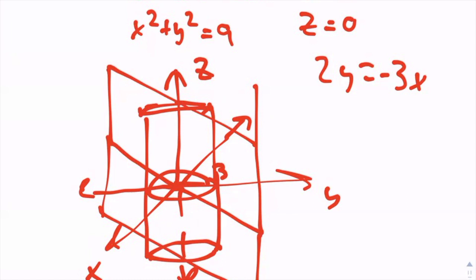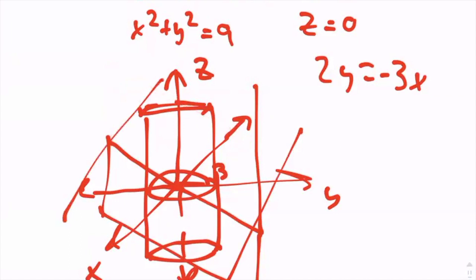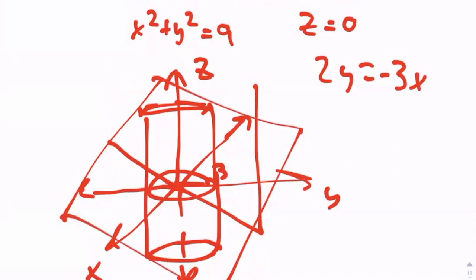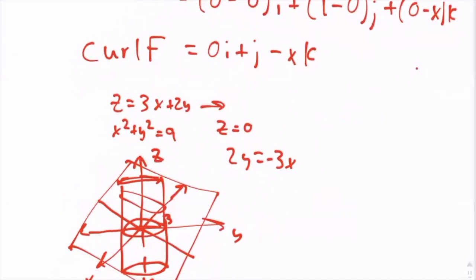And then this is obviously going to be tilted like that. So sorry, the initial sketch was not the best. But it's going to be something like that, or at least that's what we're going to assume it to be based on the equation. And we see that it's going to intersect some tilted surface like that.